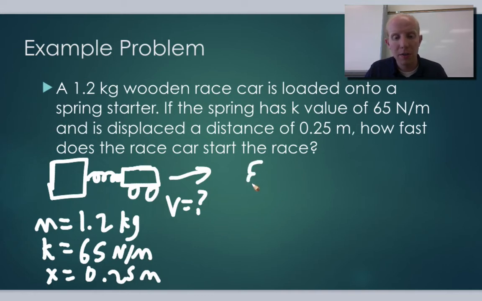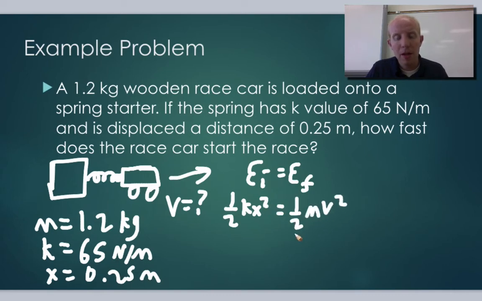So when we're writing our conservation, we say energy initial equals energy final. In this case, it started with spring, and it ends with kinetic. Okay, so fortunately the halves cancel out. We get kx squared equals mv squared.